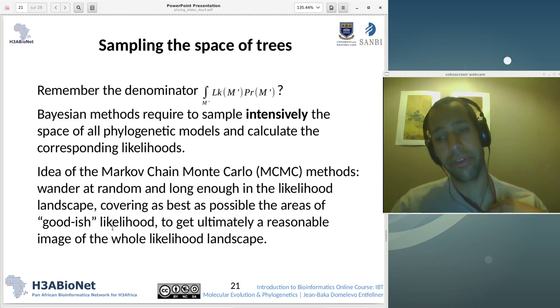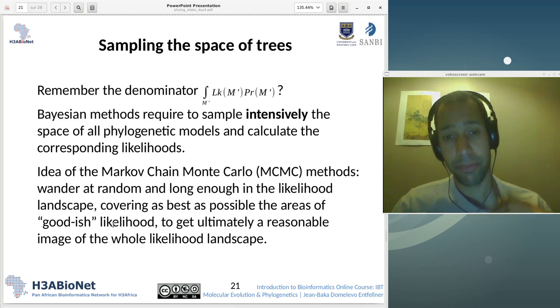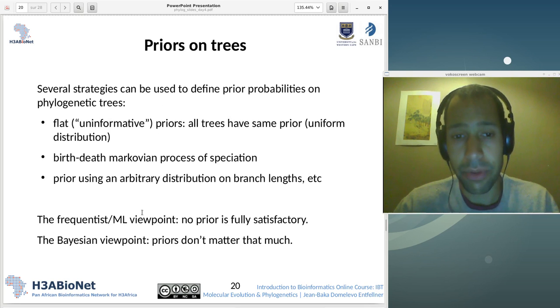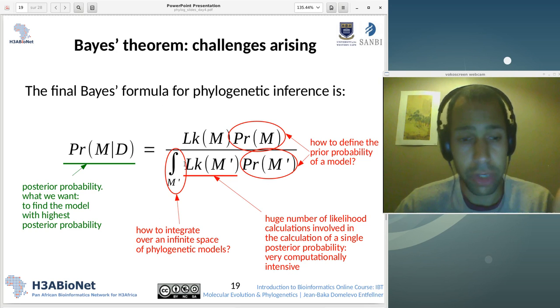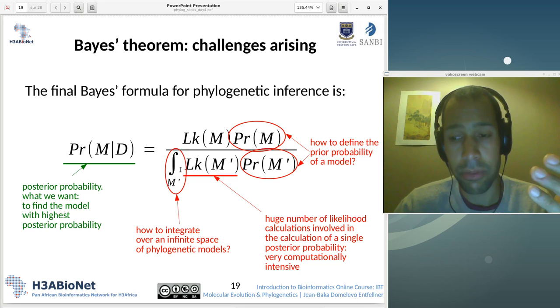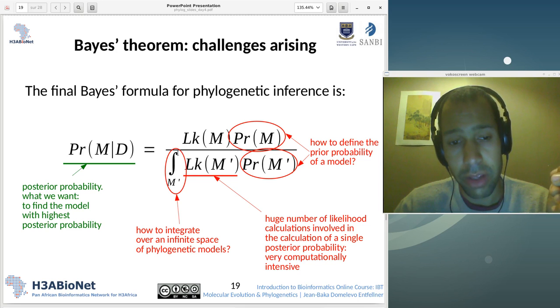And another problem, sampling the space of trees. Because we don't know how to calculate infinite sums with a computer, we can only calculate finite sums, so we'll have to try and sample the space of possible models.